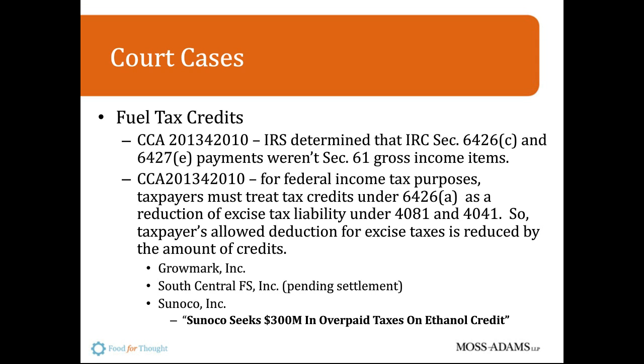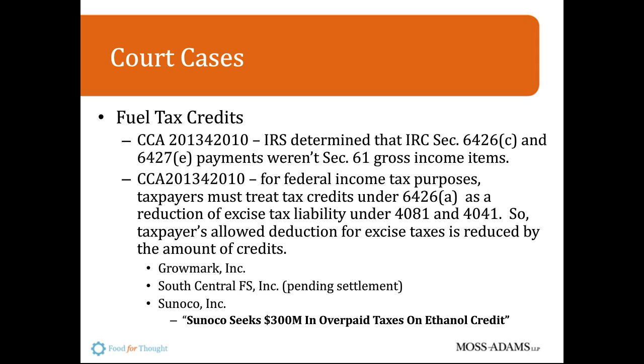And I apologize, I think the chief counsel advice number on that second one should be 2014 instead of 2013. But in November of 2013, the IRS issued the first chief counsel advice, and they determined that the 6426 and 6427 payments were not to be included in gross income.